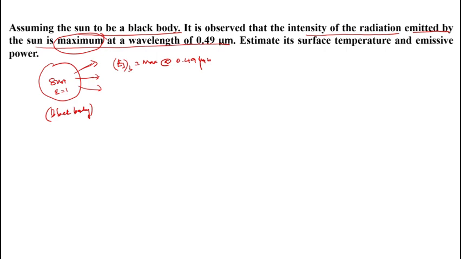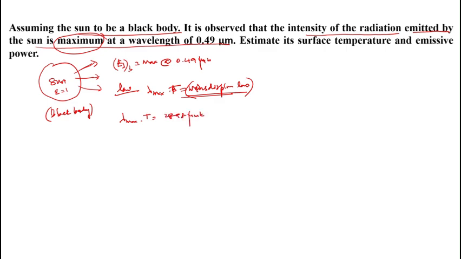Already we studied the law which relates lambda max and temperature. That law is called Wien's displacement law. As per the law, lambda max into T is equal to 2898 micrometer Kelvin.